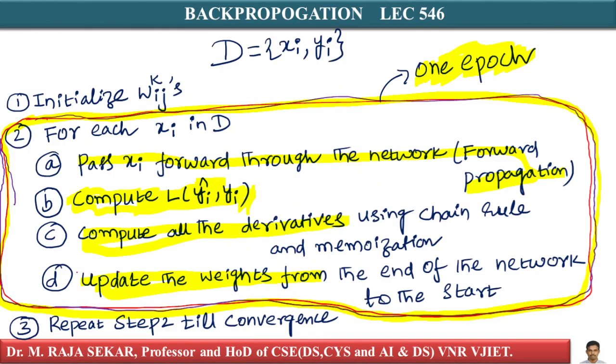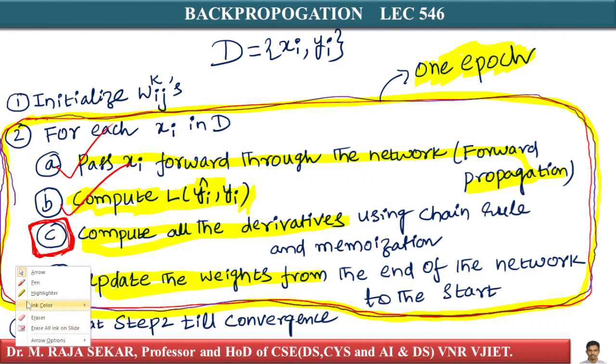In this algorithm, passing xi forward through the network is easy, and computing L is also easy. The hardest and most time-consuming part is computing derivatives. Updating weights is straightforward. The most intensive part is computing derivatives.